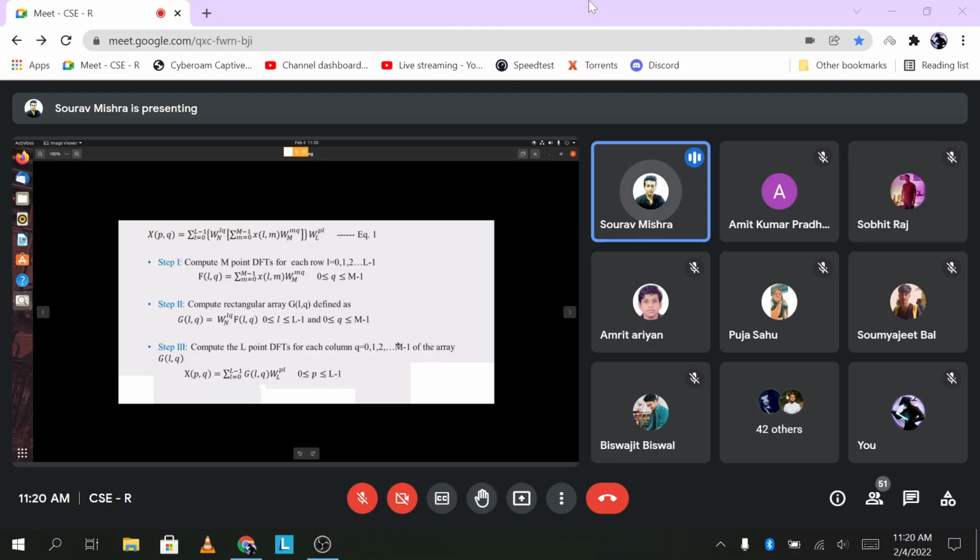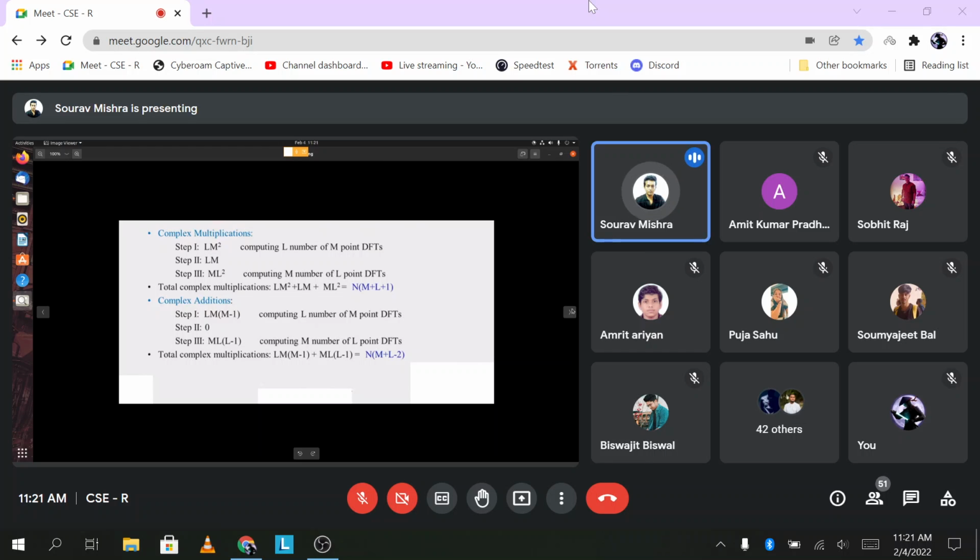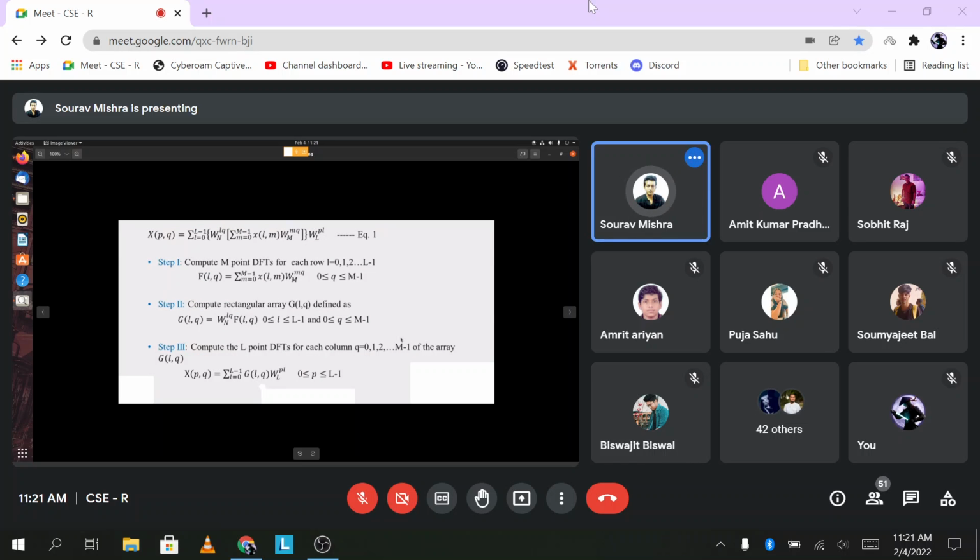Now you take a look at this part. For calculating the L point DFT for one column, what is the number of multiplications required? For one column, you get L square. And how many times are you calculating that?